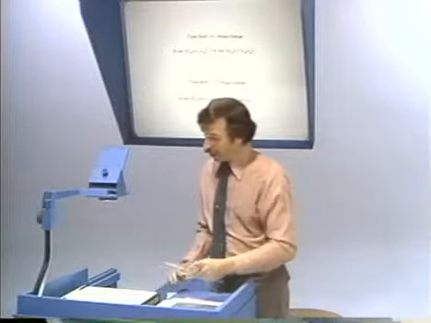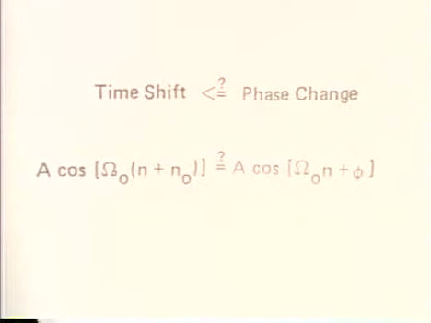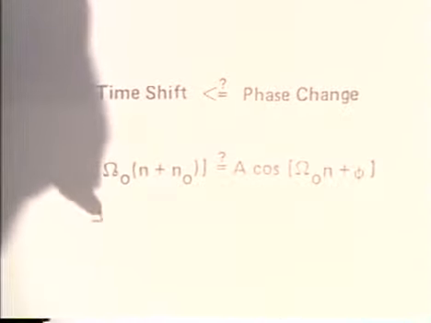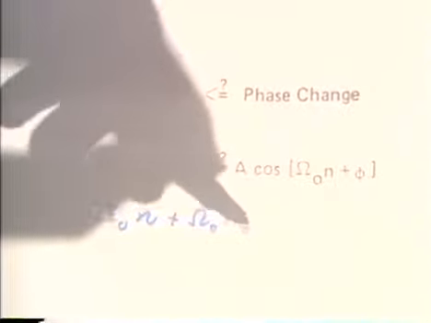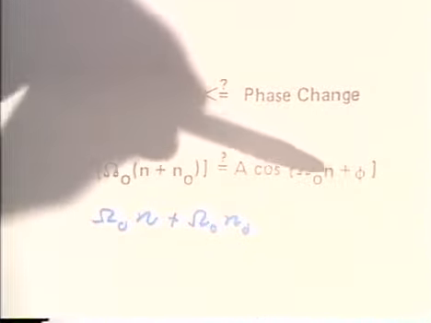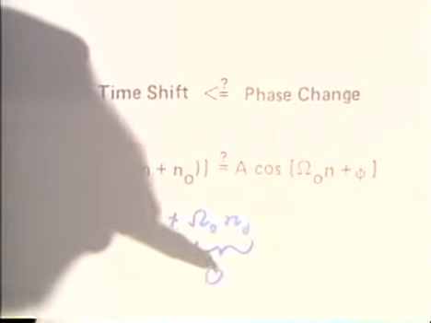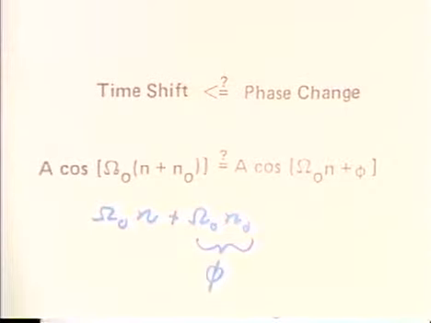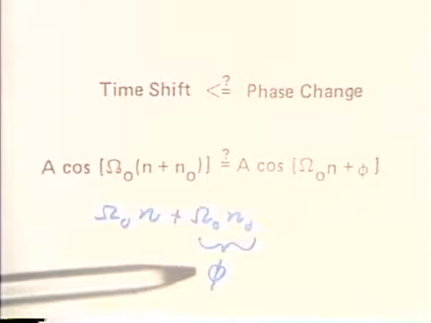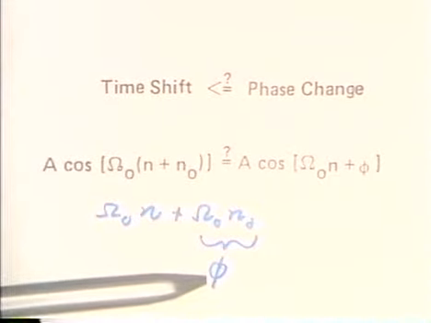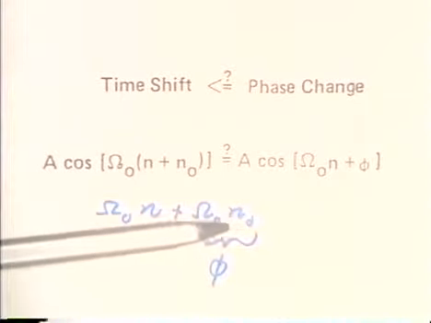If we look at the relationship between the left side and the right side of this equation, expanding this out as we did previously, we have that omega 0 n plus omega 0 n0 must correspond to omega 0 n plus phi. And so omega 0 n0 must correspond to the phase change. Now, what you can see pretty clearly is that depending on the relationship between phi and omega 0, n0 may or may not come out to be an integer.